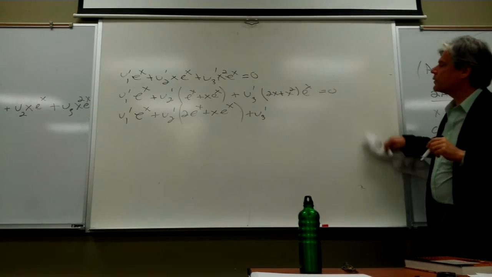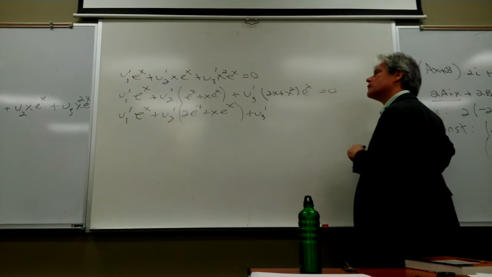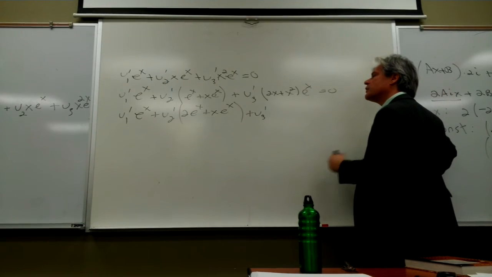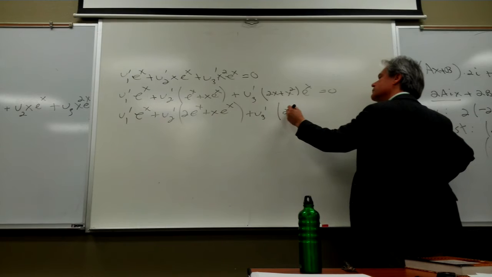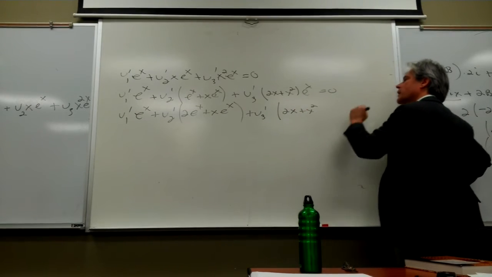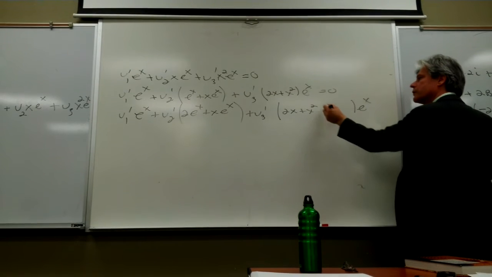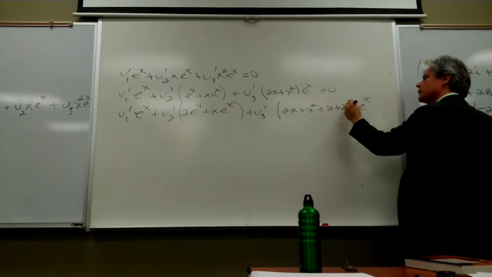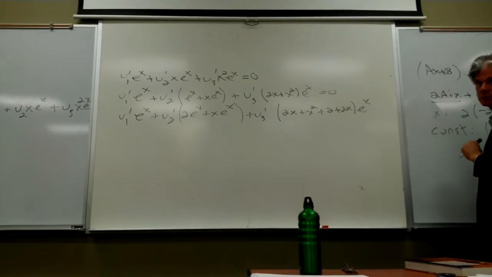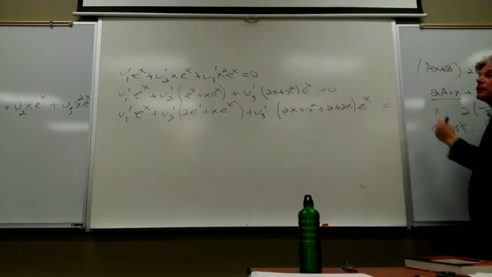What is that going to give me? Okay, now I'm too tired. How about the first times through the second, plus the second times through the first. That's what's going to be equal to my forcing function.